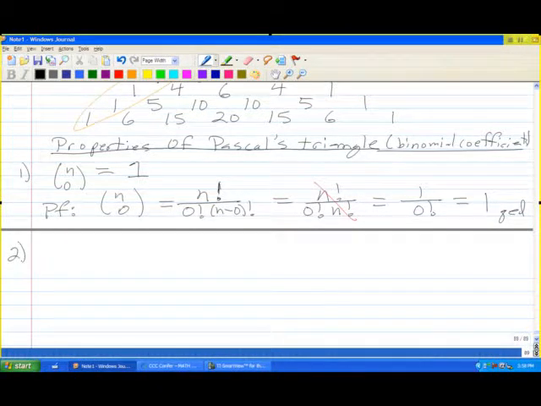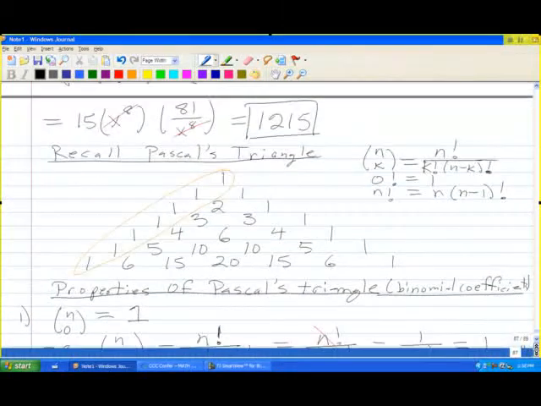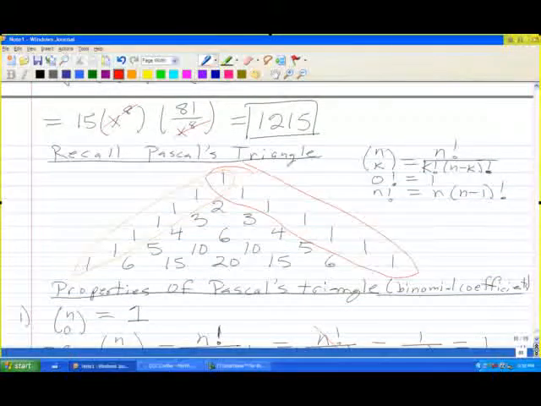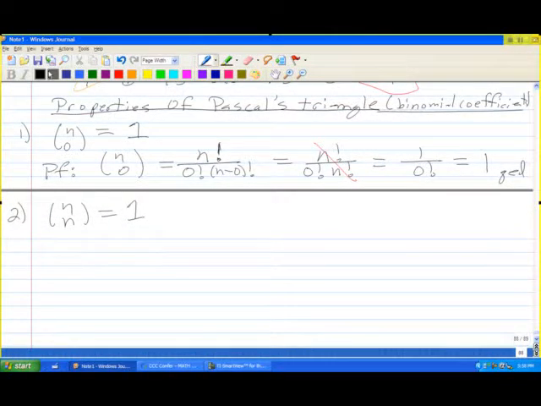Second, nCn is 1. So that says, if I look at the right-hand side, all these terms are equal to 1. So let's show that. nCn is equal to n factorial over n factorial times n minus n factorial.